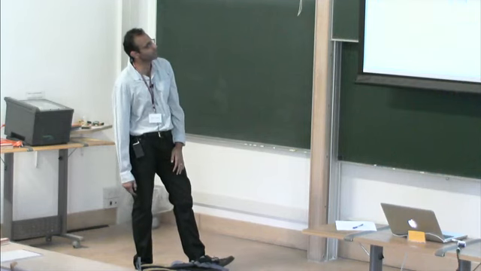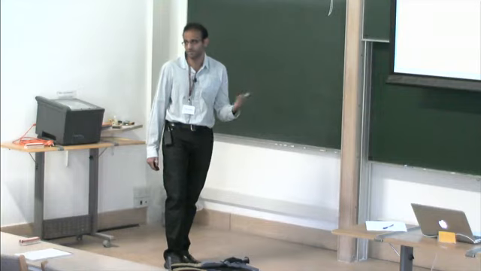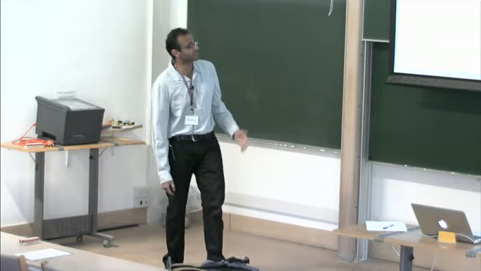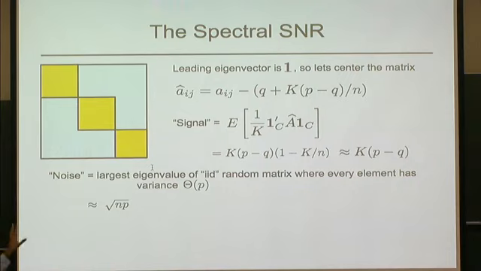Okay, so what is the spectral SNR, or what is the quantity that determines whether this kind of algorithm succeeds or fails? Let's try to find that out. If I have an adjacency matrix which is zeros and ones, the leading eigenvector is just the all ones vector, which is a useless quantity.